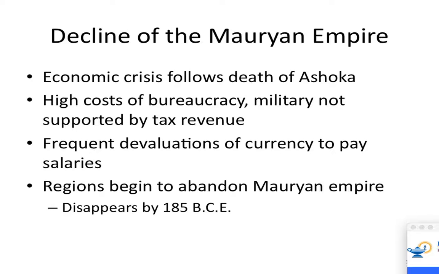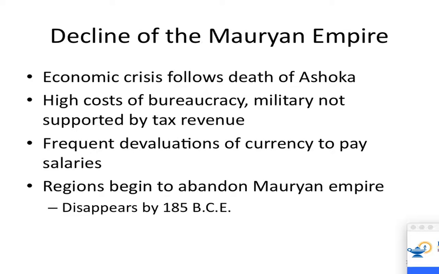They do conquer some territory, obviously not as much as Chandragupta did, but they are still conquering territory. And bureaucracy is expensive. When you have positions on positions on positions of government officials, it costs a lot of money.